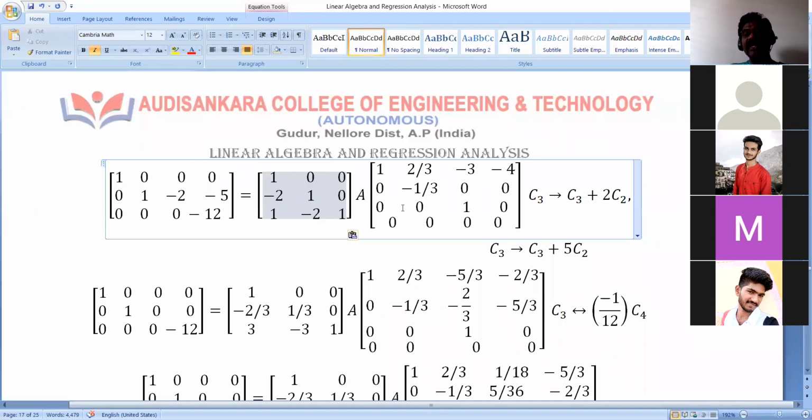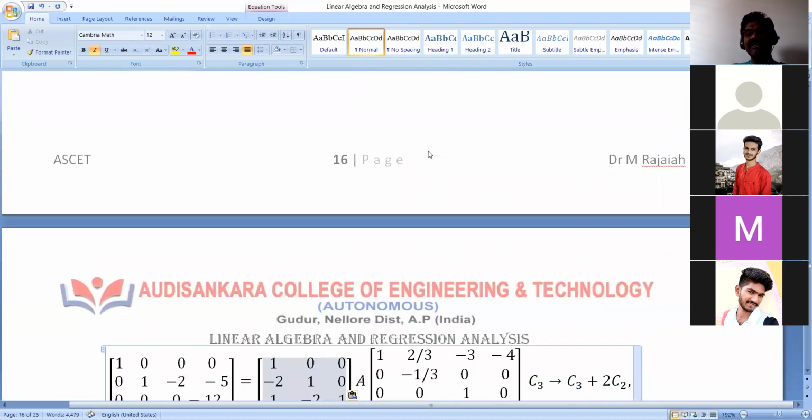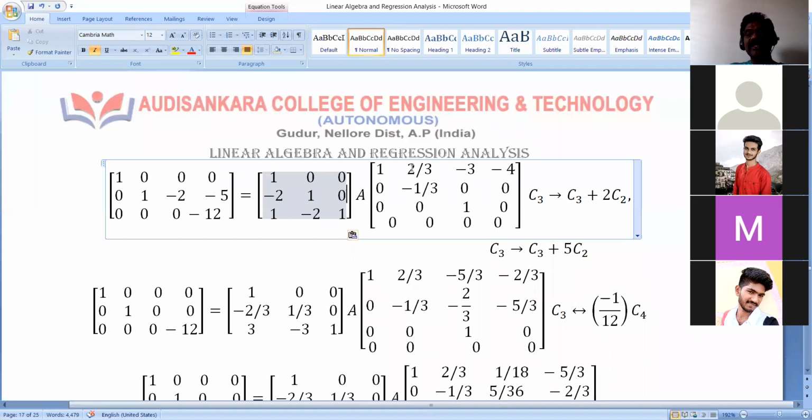Now we have to operate column 2 on the post multiplier by minus 1 by 3, that is 1 0 0 0, minus 2 by 3, minus 1 by 3, 0 0. Next 0 0, minus 3 0 1 0, minus 4 0 0 1.